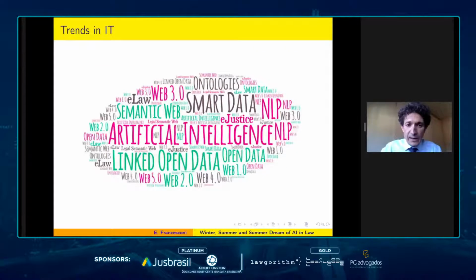There's no doubt, in fact, that keywords like semantic web, smart data, ontologies, linked open data, as well as machine learning and natural language processing are key aspects of the general topic of artificial intelligence and the specific one in artificial intelligence and law.